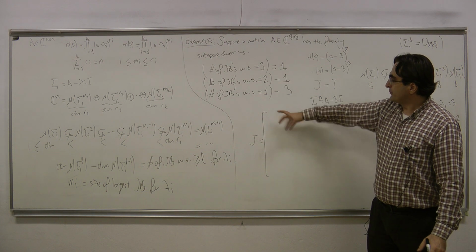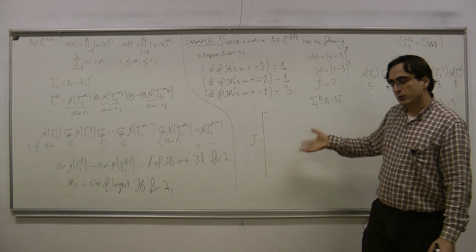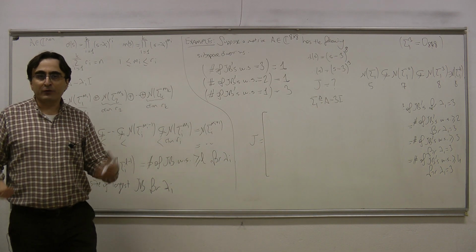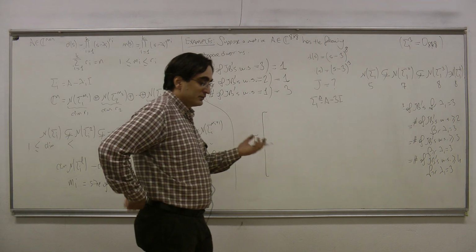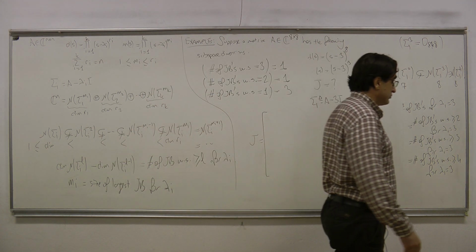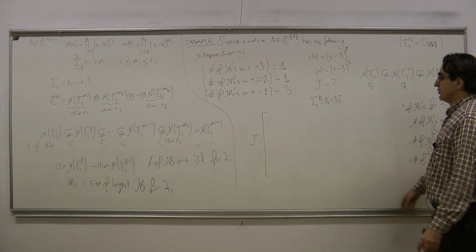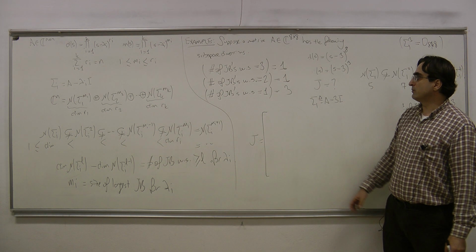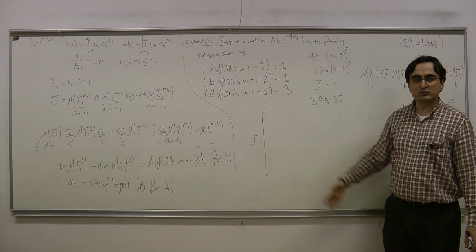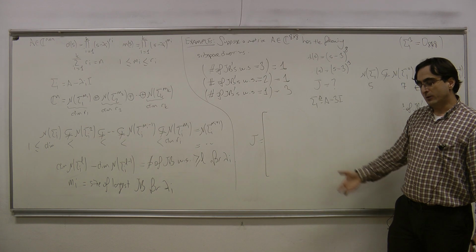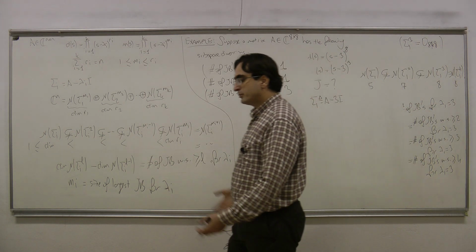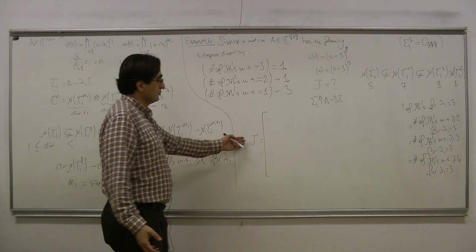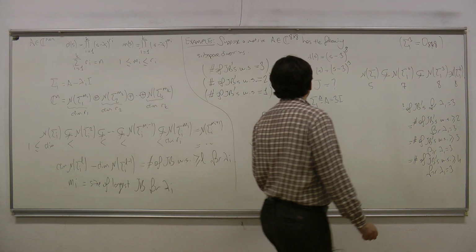Of course, if you change the order, that would also be a valid Jordan canonical form for the matrix, but we won't consider them. We will consider them to be equivalent to the first one that we obtain here.